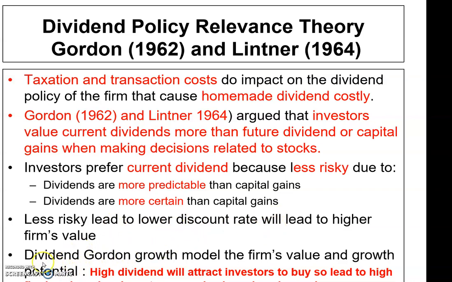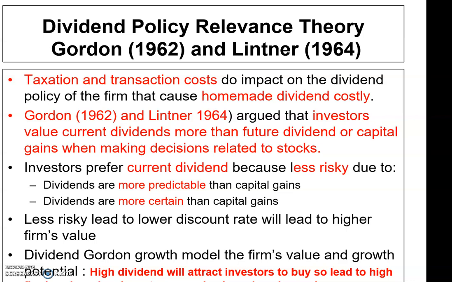And then the Gordon growth model relates the firm's value and growth potential. So a high dividend will attract investors to buy the stock, and this will increase the value of the firm.